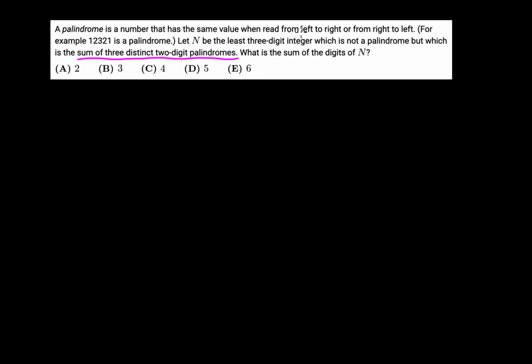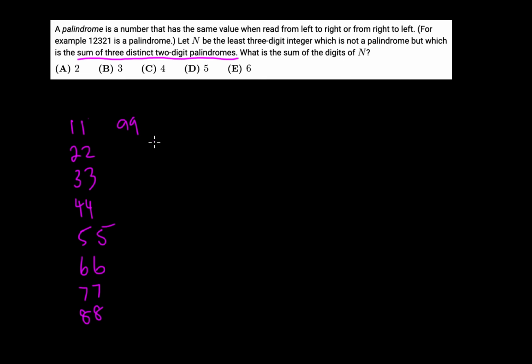So we're saying a palindrome is a number that has the same value when read from left to right or from right to left. So let's think of some numbers that are like that. There's 11, there's 22, 33, 44, 55, 66, 77, 88, and 99.